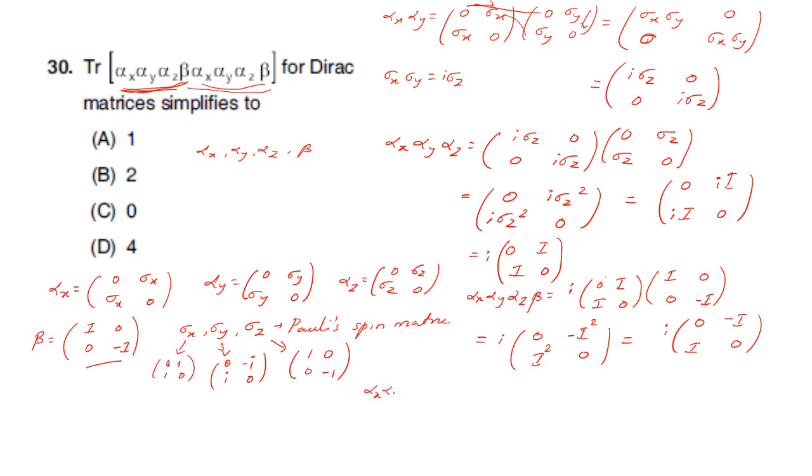Therefore alpha x alpha y alpha z beta into alpha x alpha y alpha z beta is equal to 0 I; I 0 minus I into 0 I; I 0 minus I. So its product: the first term is minus I square, second term is 0, third term again is 0, and fourth term is minus I square.